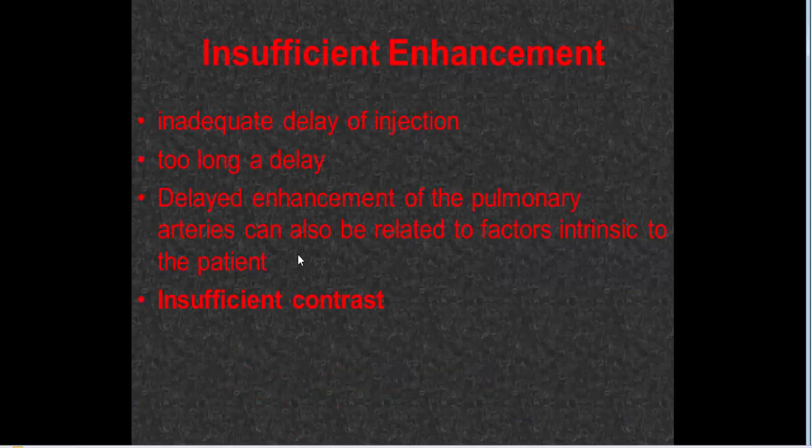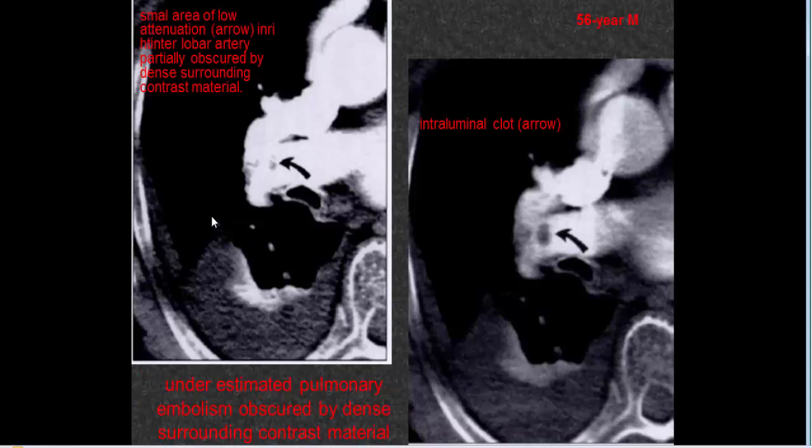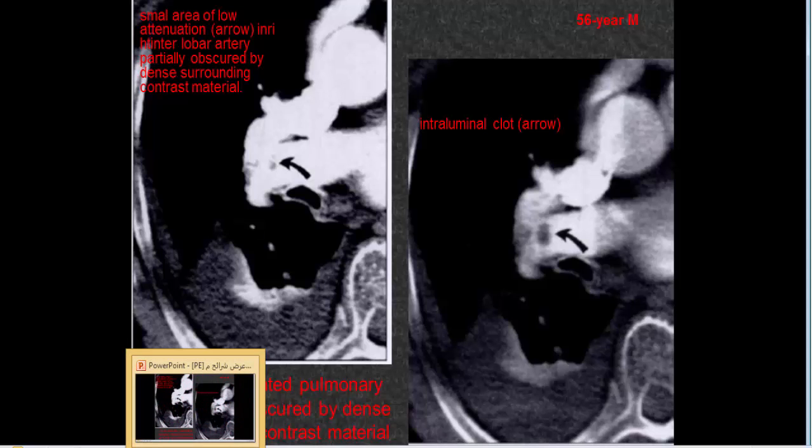Streak artifact: a small area of low attenuation in the interlobar pulmonary artery partially obscured by dense surrounding contrast material. Intraluminal clot, an underestimated pulmonary embolism obscured by dense surrounding contrast material. Here, underestimating, a false negative diagnosis of pulmonary embolism.